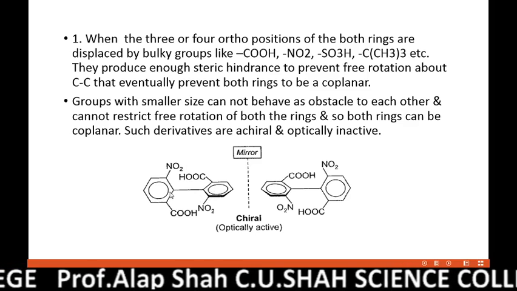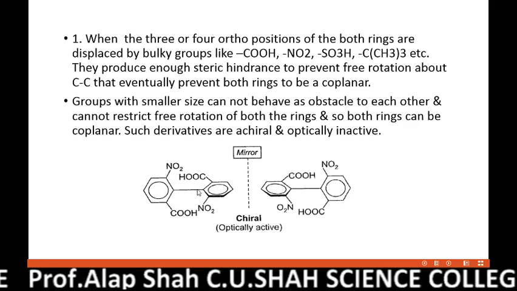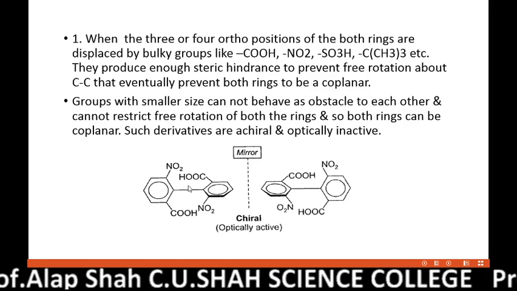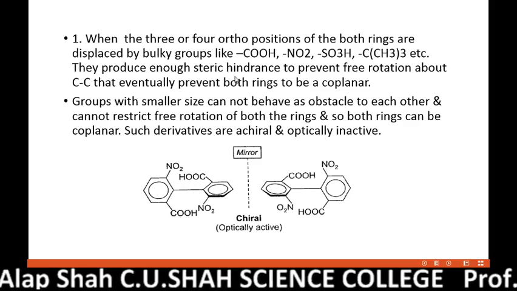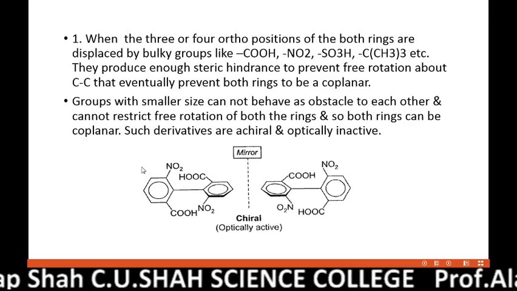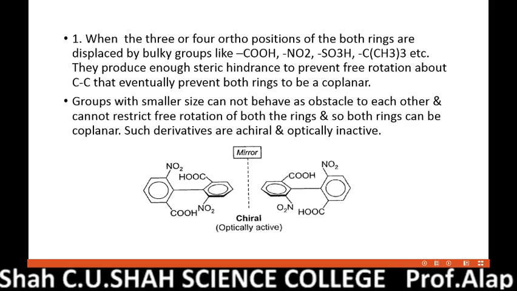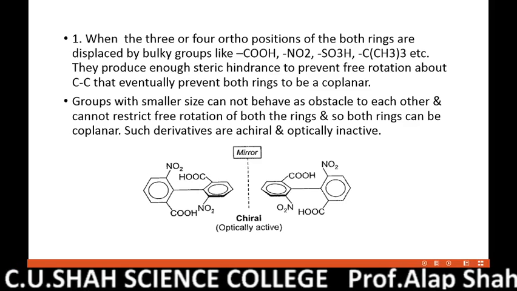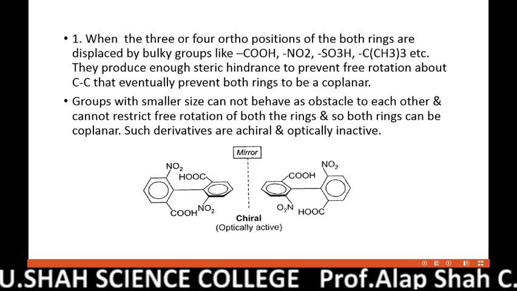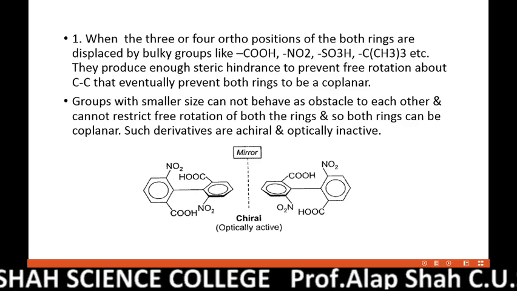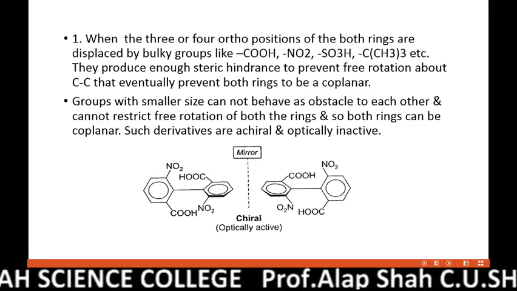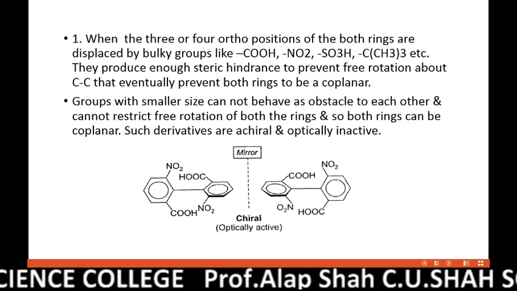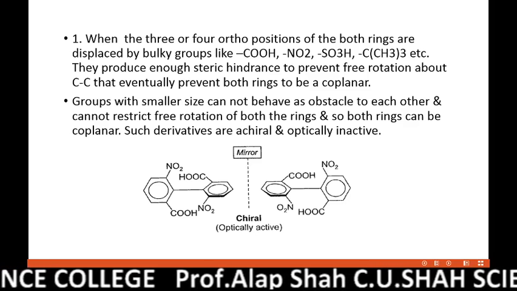When at least 3 or 4 ortho positions of both the rings are occupied by considerably bulky groups like carboxylic acid group, nitro group, SO3H sulfonic acid group, tertiary butyl group, etc., then these bulky groups produce steric hindrance, and that's why they prevent free rotation about the carbon-carbon single bond. In this condition, they prevent both the rings from being coplanar, in the same plane.